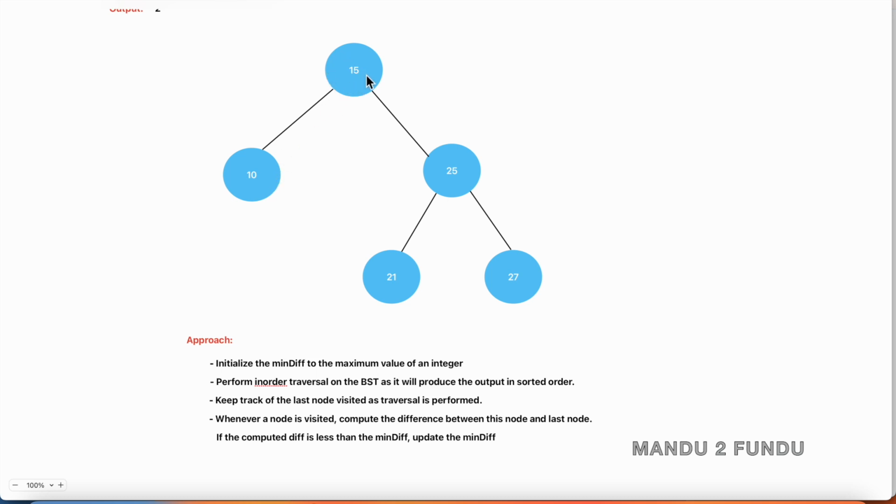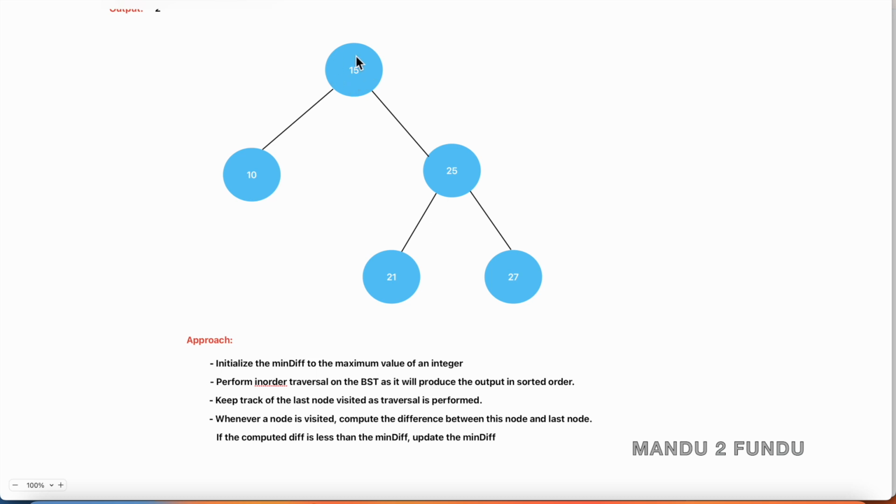For example, for 15, when we do the in-order traversal, when we traverse this node, we must have traversed the 10 before that. But for the 10, since this is the first element, there is no previous set. If the previous is set, then we compute the difference between the current node and the previous node.